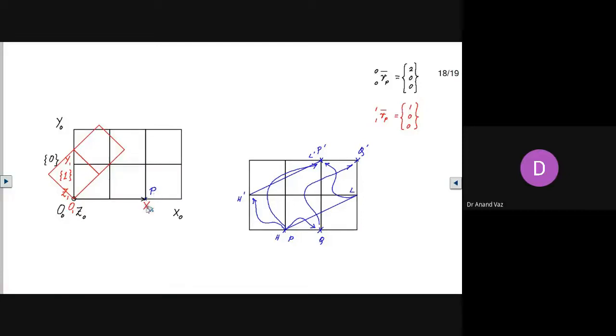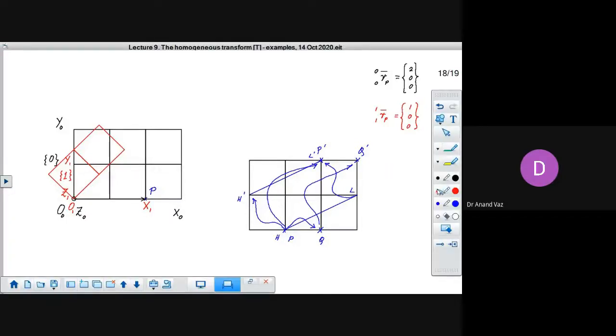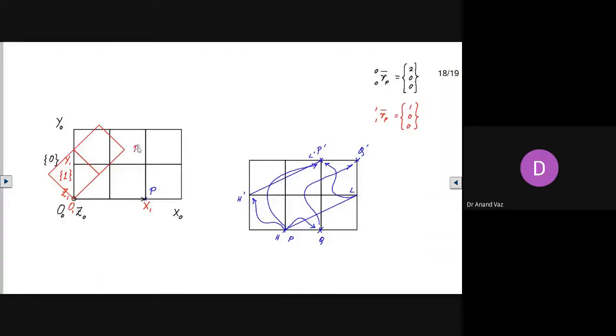If we look at it, here we have the point P. And let's take this point as P dash. What we are doing in this transformation is going from P to P dash. This point here gets rotated and it comes here.